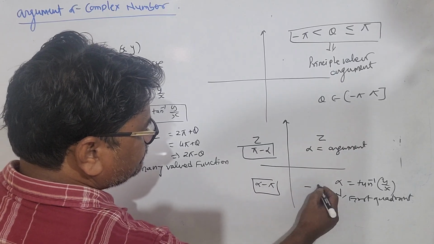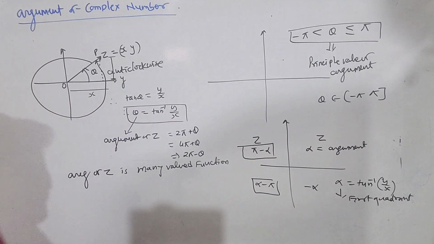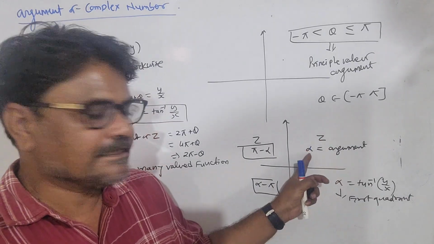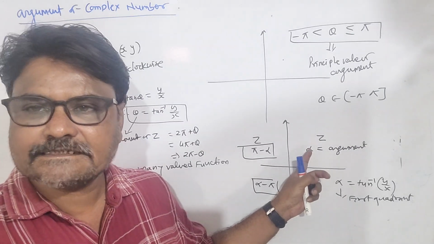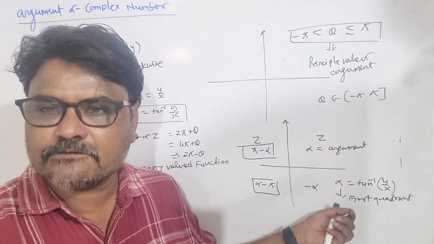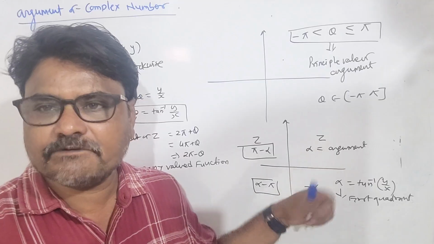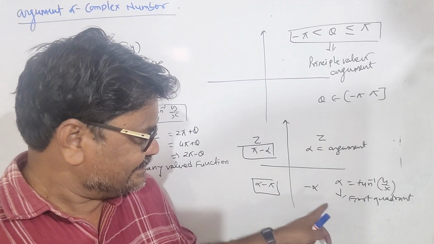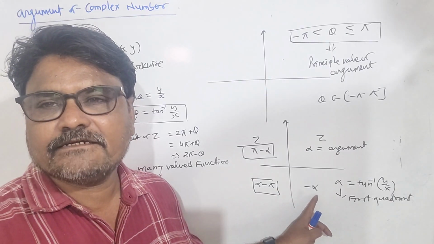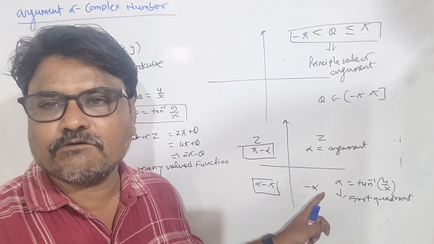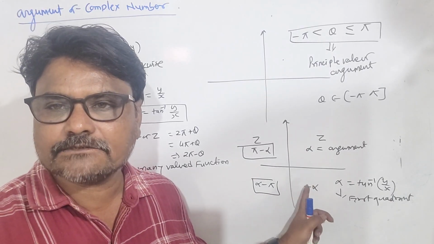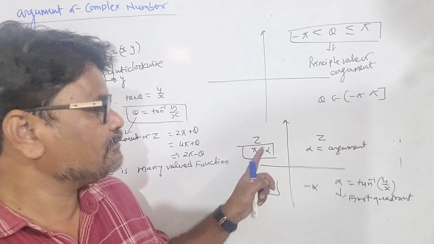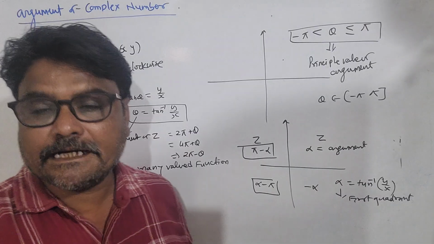and here minus alpha. So when complex number z is lying in the first quadrant, then the principal value of argument of z is alpha, which is given by tan inverse of y by x. If it is lying in the fourth quadrant, then the principal value of argument of z is minus alpha. If it is lying in the second quadrant, then the principal value of argument of z is pi minus alpha.